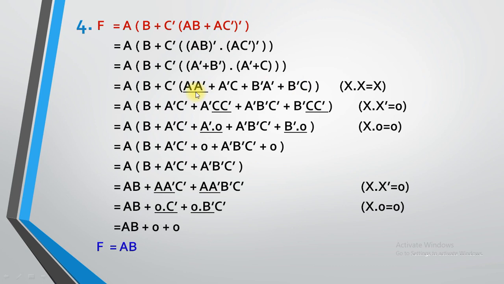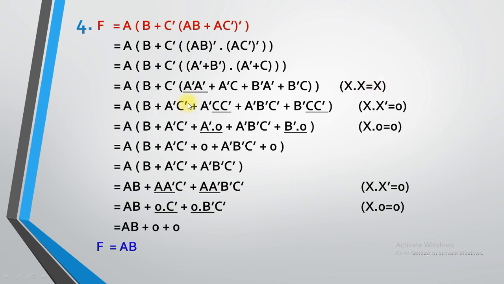Now consider the first term. The first term is A dash, which is related to the x into x equals x postulate. So this can be written only once, that means A dash. Now what we need to do is multiply this C dash with this bracket. So how can this be written? A dash C dash. See, I have not written A dash 2 times over here because it is similar to this postulate.